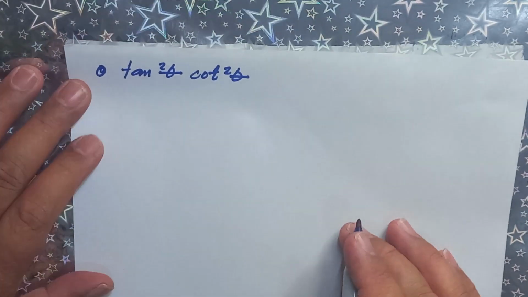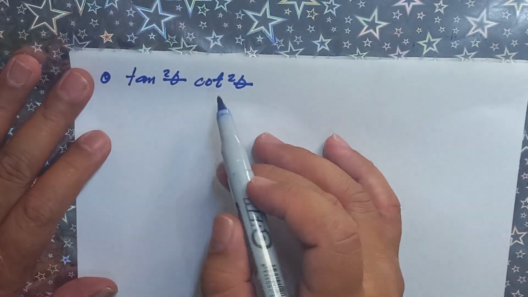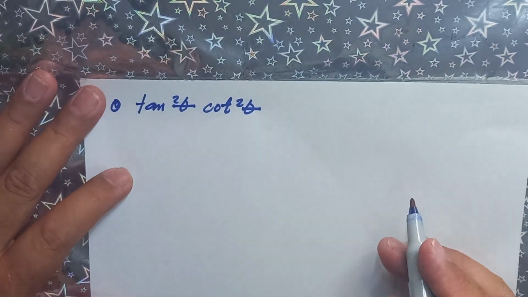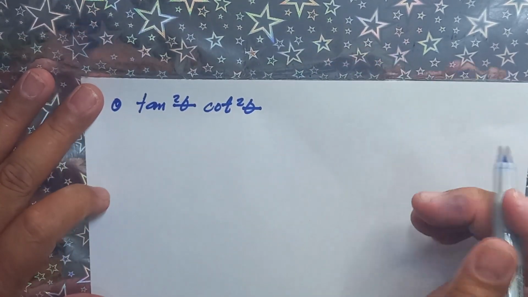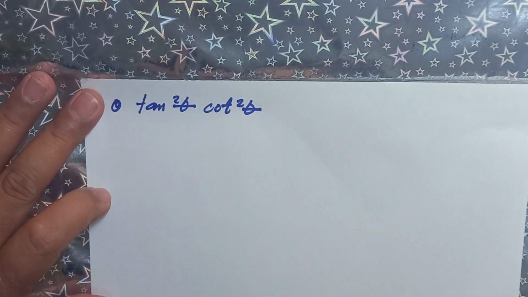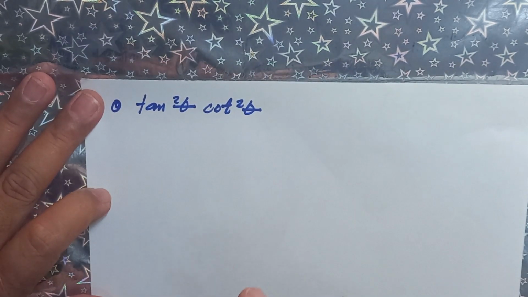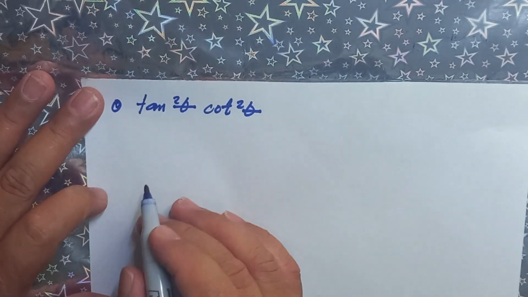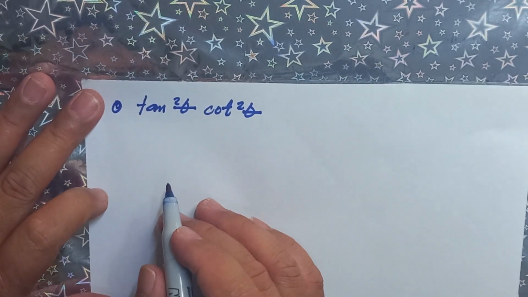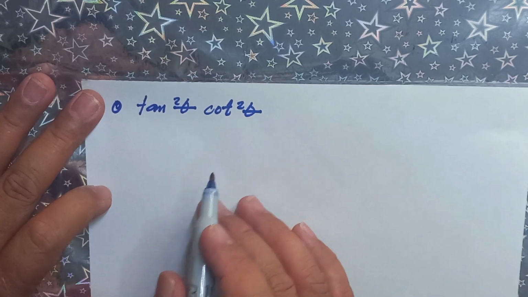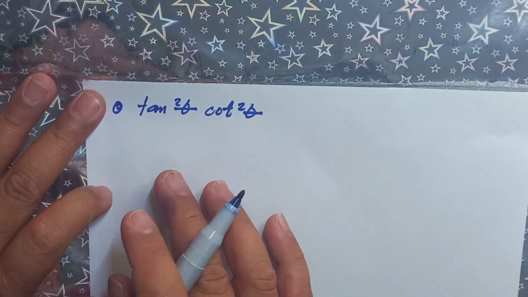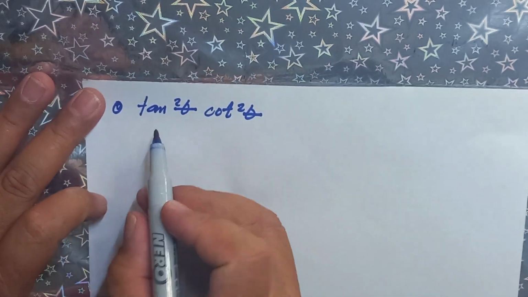And now another one is the product of tangent squared theta and cotangent squared theta. Okay? So what is our purpose in here? We are going to simplify. Okay? Simplify again, put this one into its lowest term. And so how are we going to put this one into its lowest term? Again, consider the idea that when we are going to simplify, we always define them in terms of cosine and sine. So what is the definition?